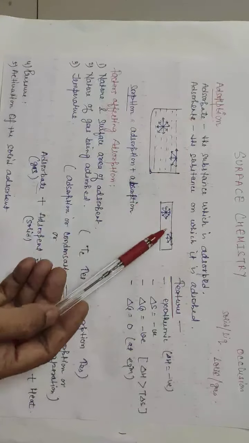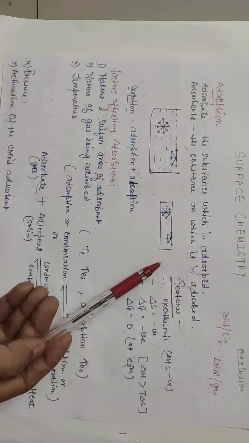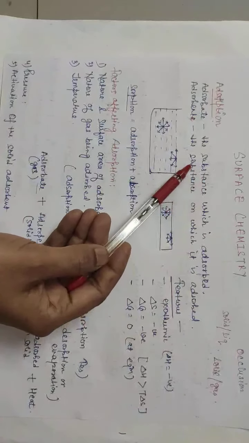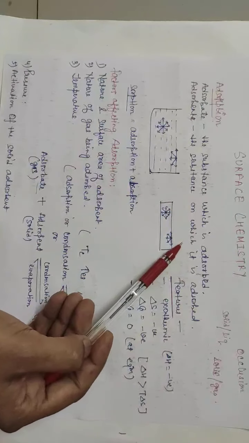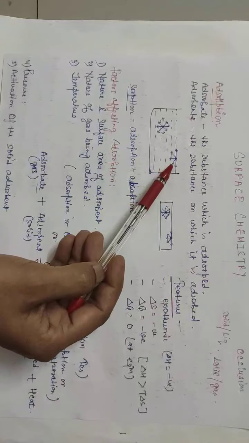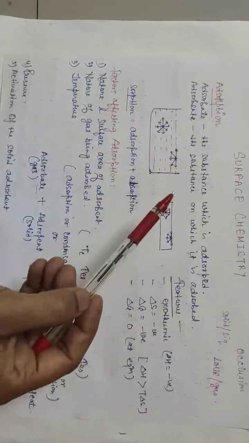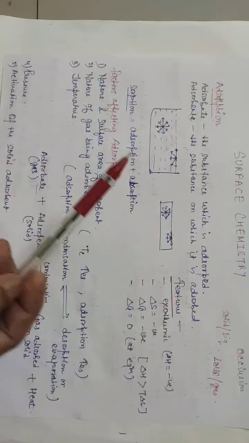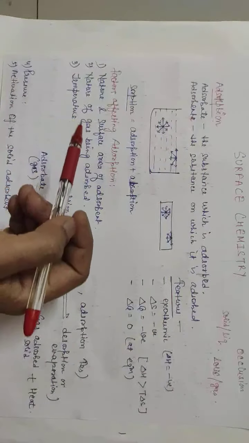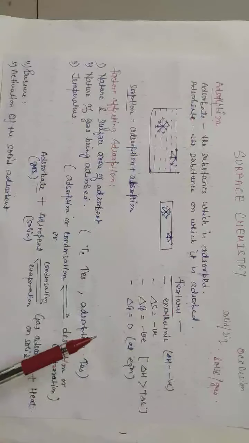Because of these unbalanced forces at the surface, they have the property to attract and retain molecules of the gas above the surface, and thus the molecules come in contact and get adhered to the surface, causing the adsorption phenomenon.